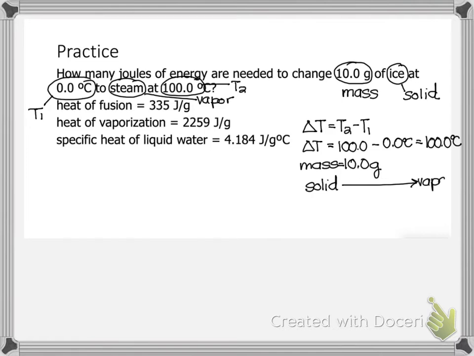And I know some things go directly from a solid to a vapor through sublimation, but I don't think it's talking about ice and steam. And so I think we're going to have to take a stop at the liquid. So we're going to melt it and go from a solid to a liquid, and then we're going to vaporize it and go from a liquid to a vapor. So let's see what we would need to do.